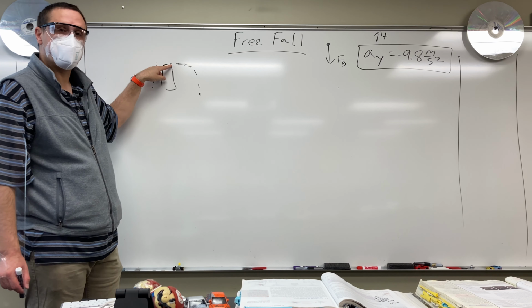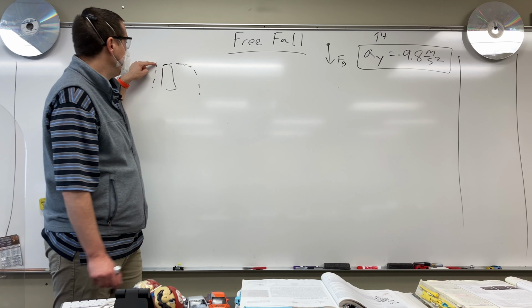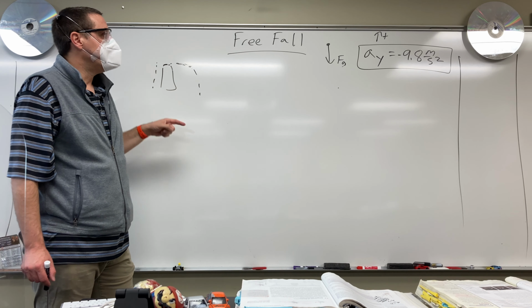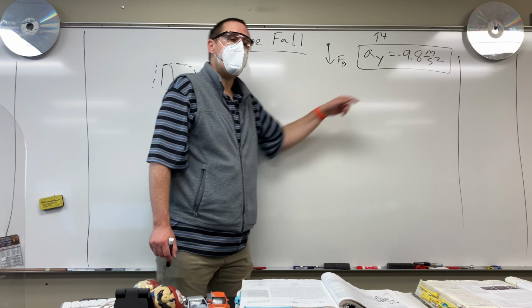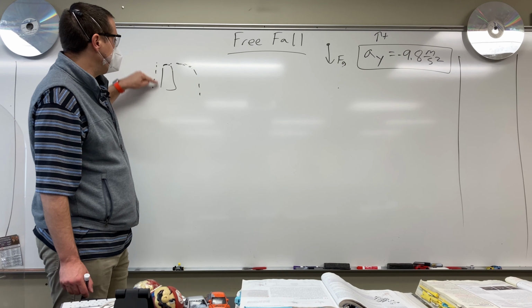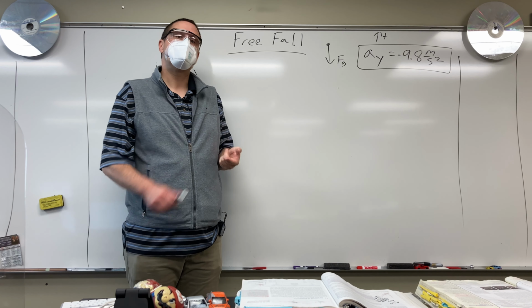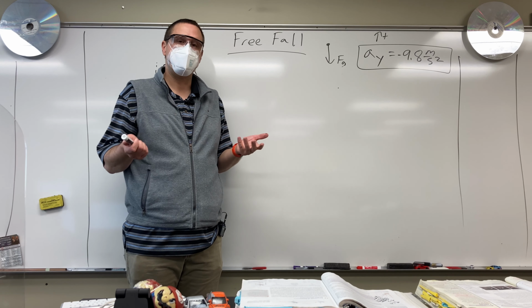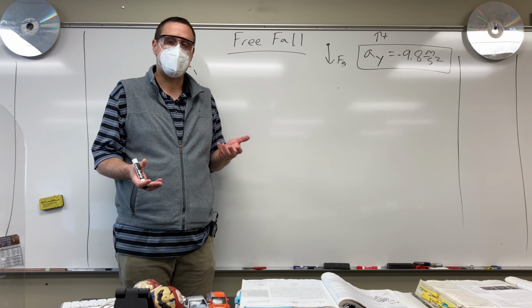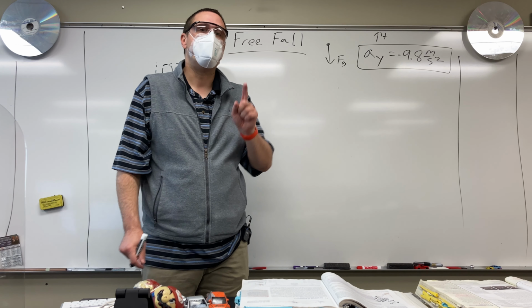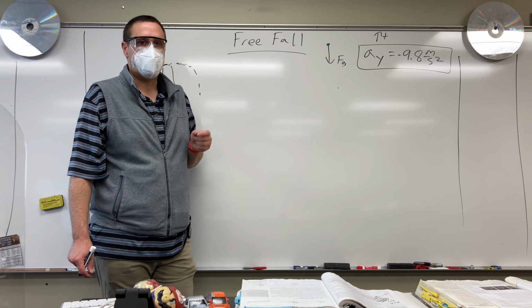Its initial velocity in the y direction was 0. This one was dropped in the y direction. They both have the same acceleration, and they both have the same displacement in the y direction. So they have three variables that are the same. That means the time it takes to hit the ground when you use the motion equations will also have to be the same. Also, their final velocity in the y direction would also be the same.